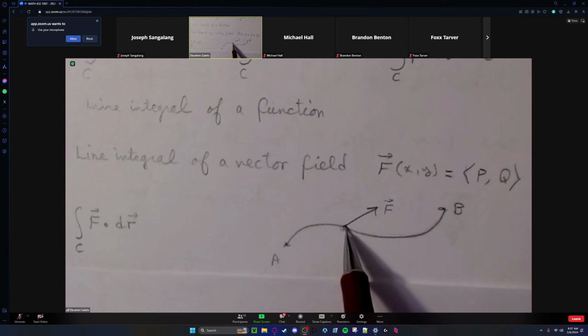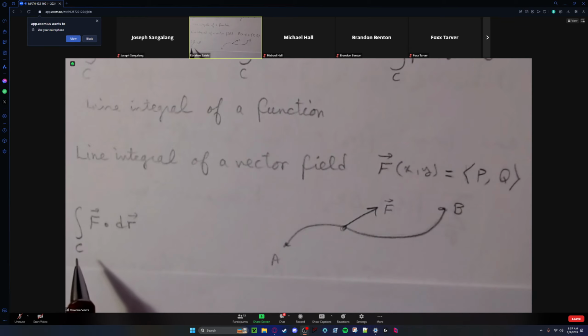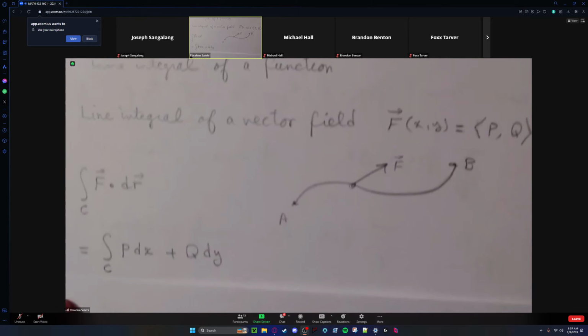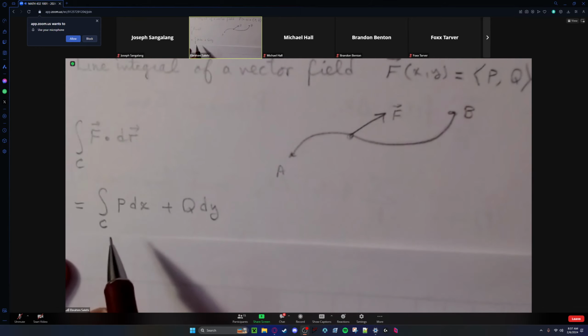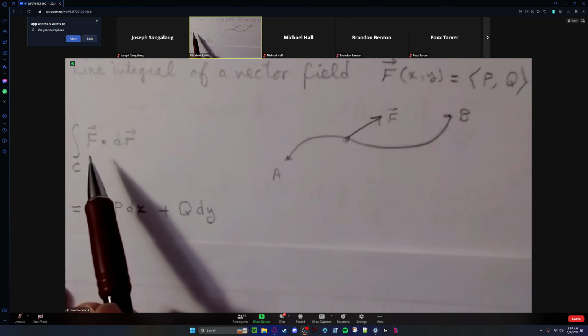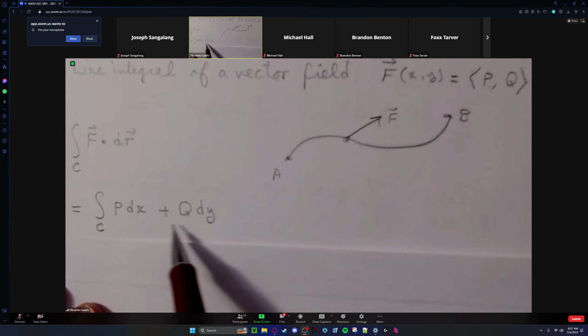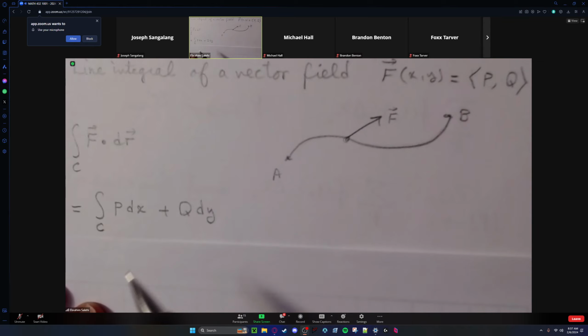And move this object from point A to point B. And what this line integral of vector field gives, the result is the work done. All right, and here is how we compute this. The vector field has two components here, P and Q. So it is P dx plus Q dy, which goes back to line integral of a function.